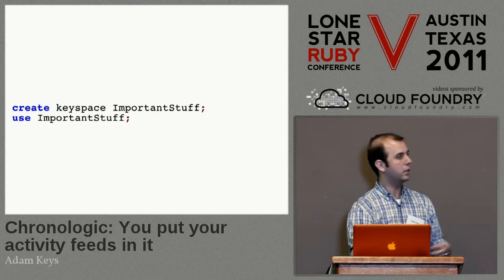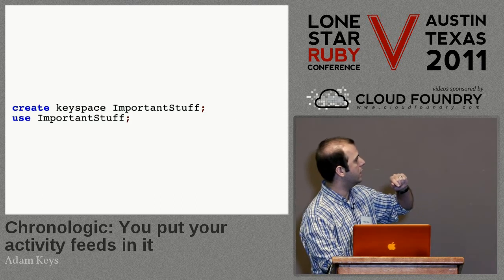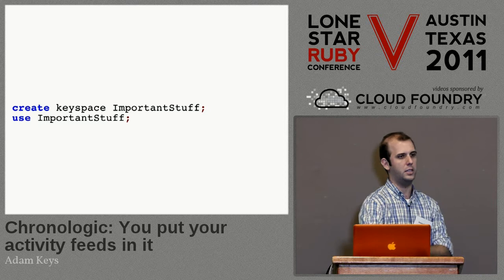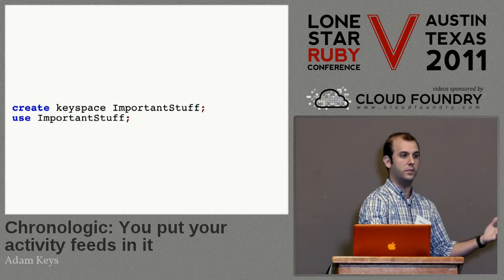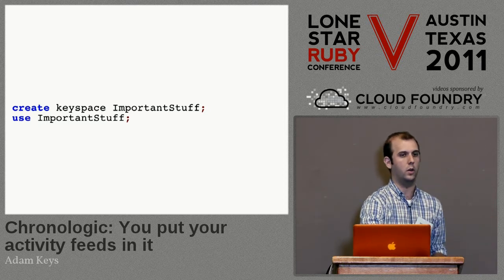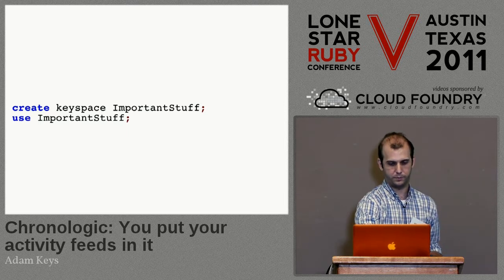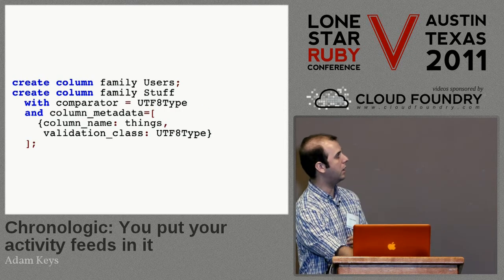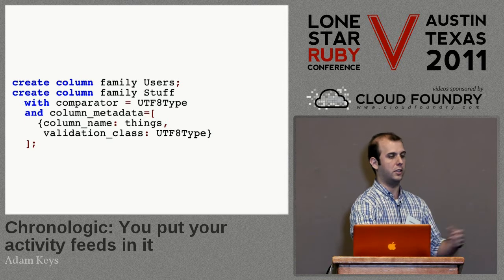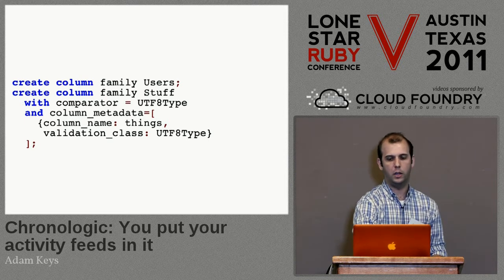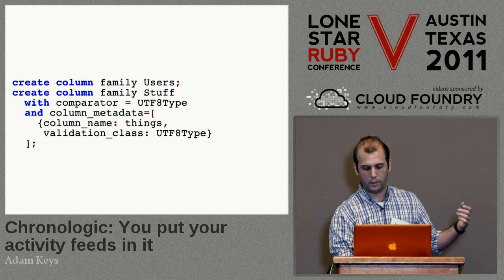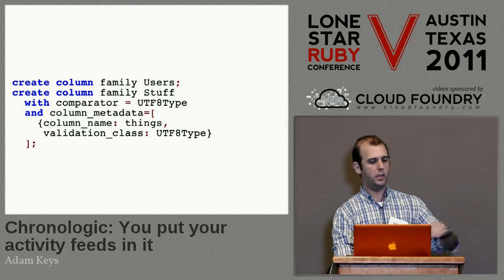So, beer goggles. This is how you create a key space in Cassandra. A key space is roughly analogous to a database in Postgres or MySQL. This is how you create a column family, which is roughly analogous to a table in relational databases.